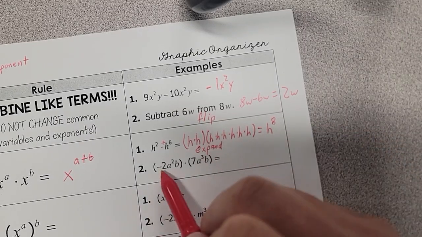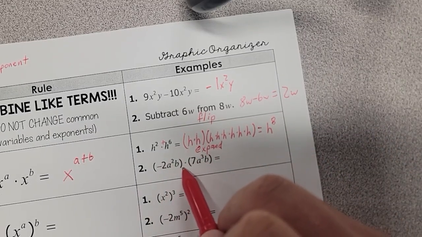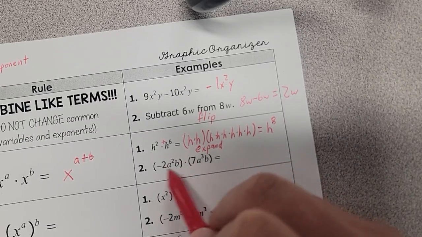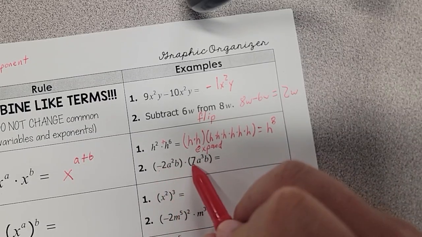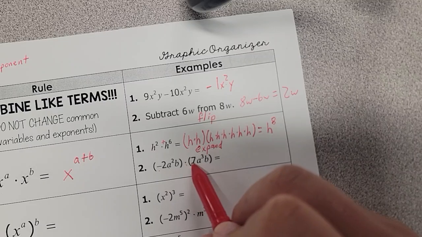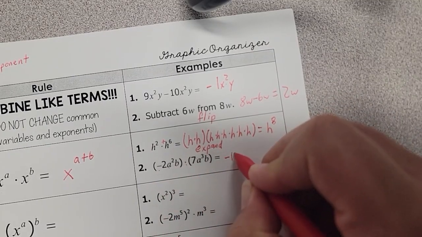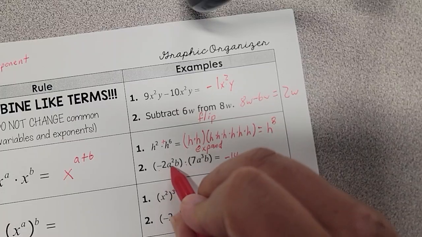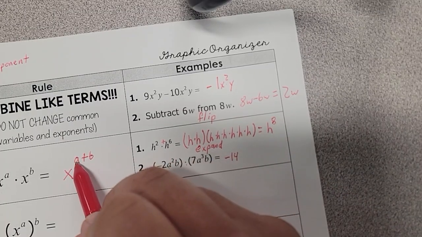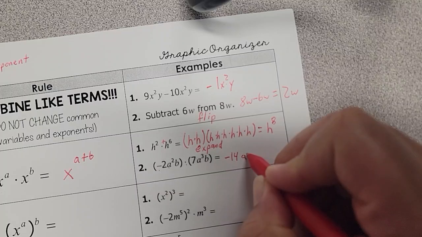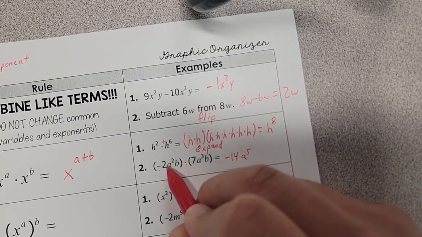All right. Now, when you're multiplying, all right, the base numbers is the a's. These, the regular numbers, negative 2 and 7, they're still multiplying. This is still saying multiplication. So negative 2 times 7 is negative 14. I have a 2, so remember, this is going to be like the 2 plus 3. So I'm going to have a to the 5, because you have 2 plus 3.